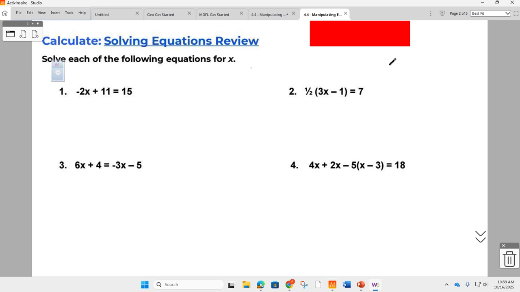What will we know about that constant? Yeah, what makes it the solution? That's hard to say, right? So the solution will, when you replace x with that value and multiply by -2 and add 11, it'll equal 15. That's all that means.